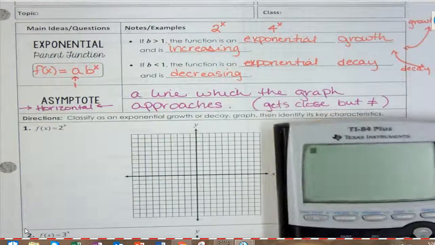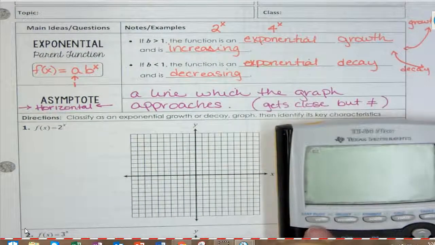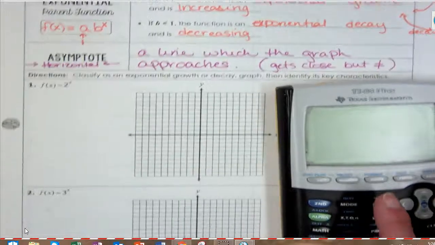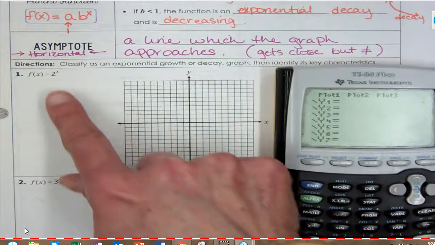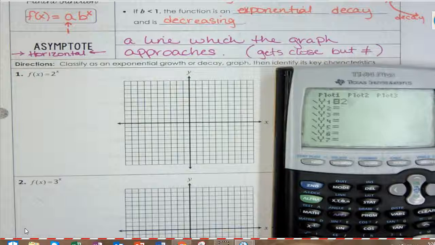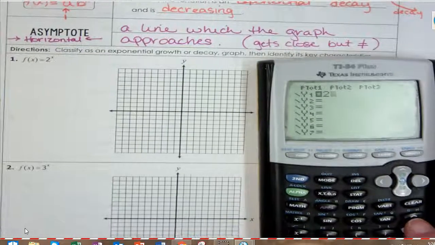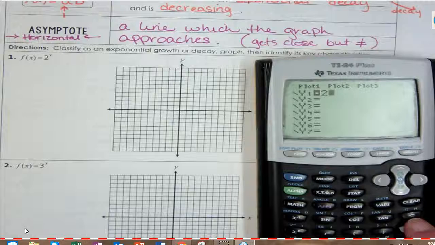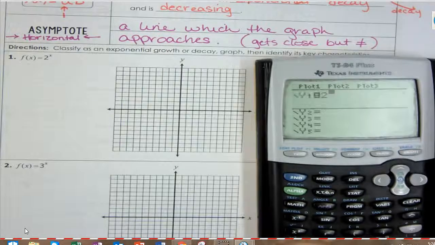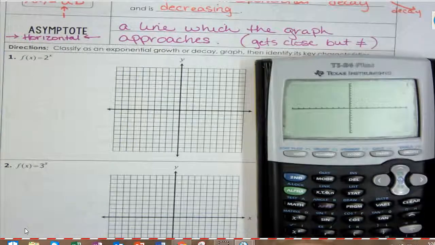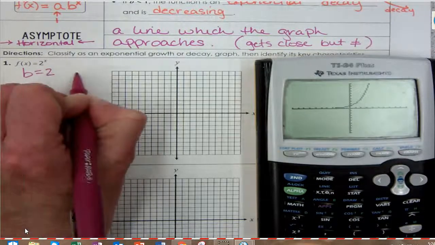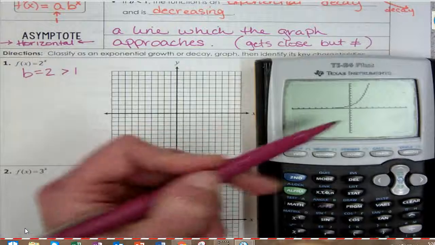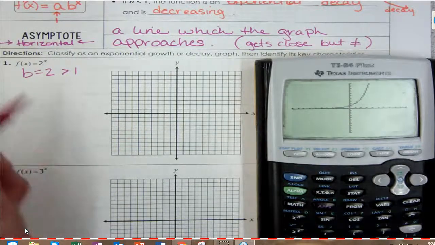So I go to the y equals button, and I punch in the number 2, and then to get the exponent, I use this button right underneath the clear button, and then x. That is going to be my function. Graph that, and since b is 2, and 2 is greater than 1, I expect it to be increasing, and it is.